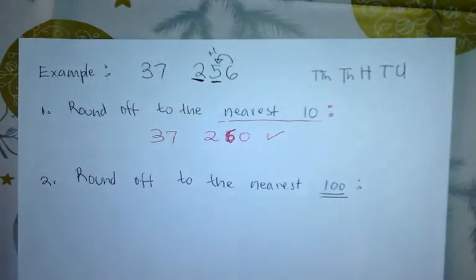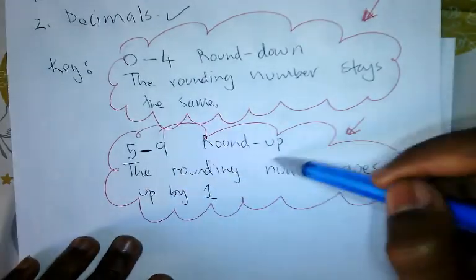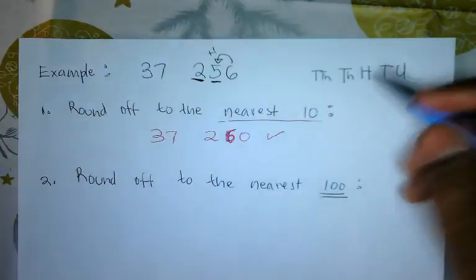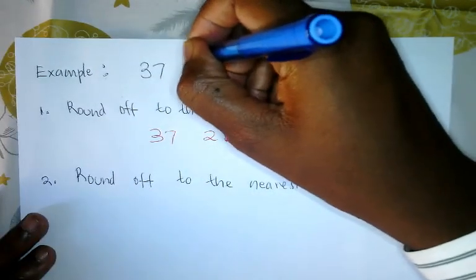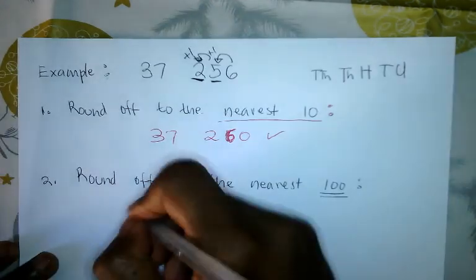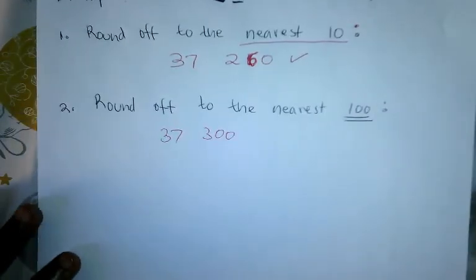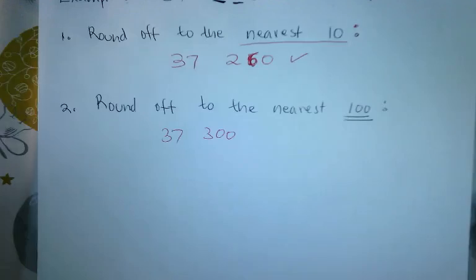If it's between 5 and 9, we round up. Are we all clear? So it's going to add 1 to this one. So what will be the answer now? 37,300.